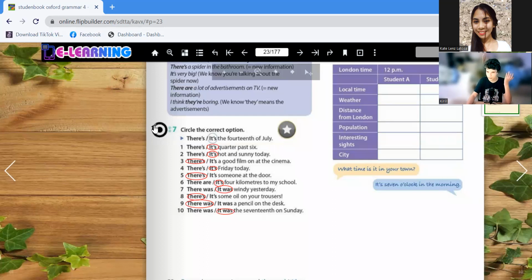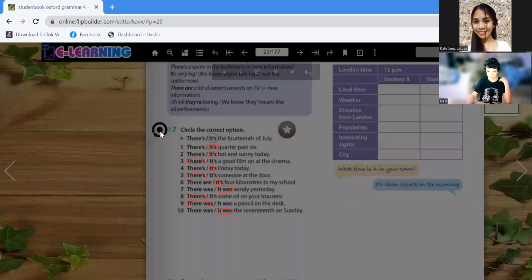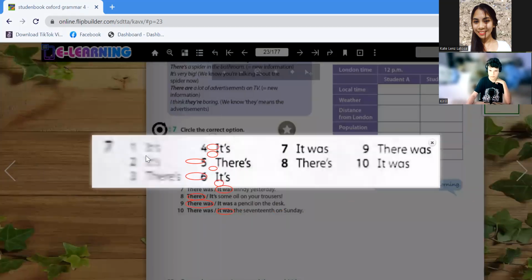Okay, I think all is true. So let's check the answers. Number 1 it's, 2 it's, 3 there's, 4 it's, 5 there's, 6 it's, 7 it was, 8 there's, 9 there was, and 10 it was.